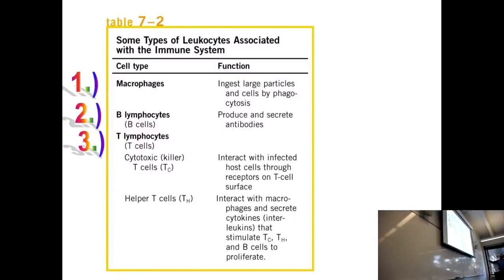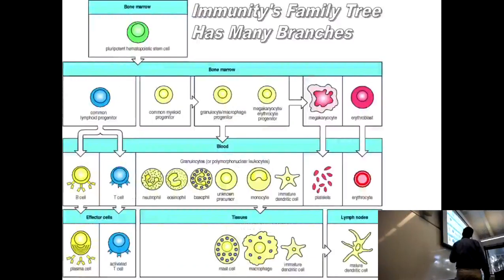The killer T cells are able to directly destroy their target cell. But the helper T cells, they actually will interact with all the other parts of the immune system. In fact, to make antibodies, you have to have helper T cells helping to make antibodies. So these are what we're going to talk about, 3A and 3B.